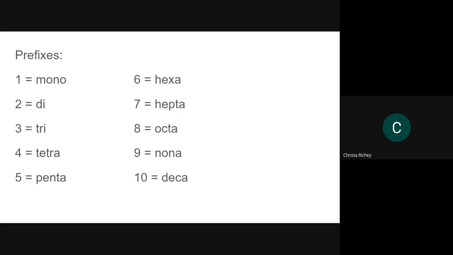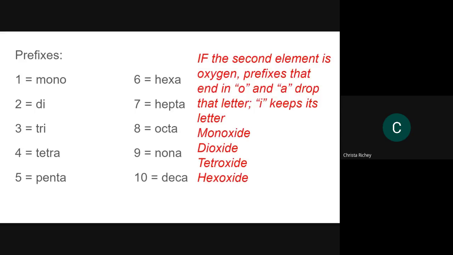So we're going to use these prefixes. And here's the only little tricky thing. When the second element is oxygen, which I don't think I put on here, you can just sort of write it on the side if you want to.